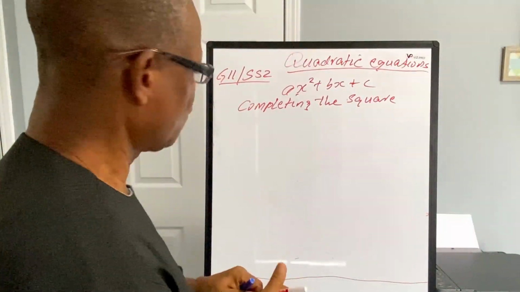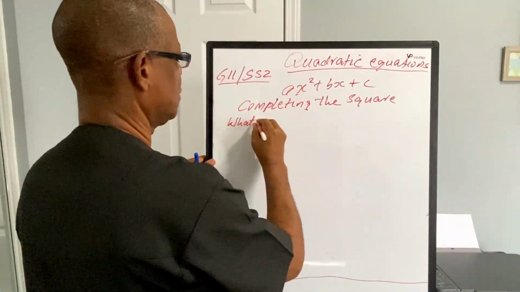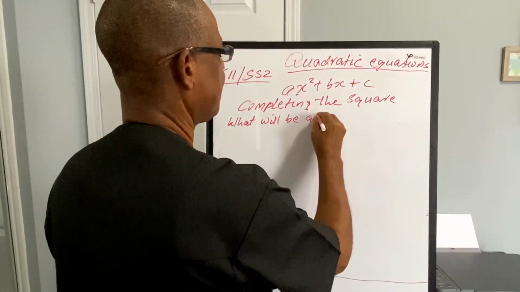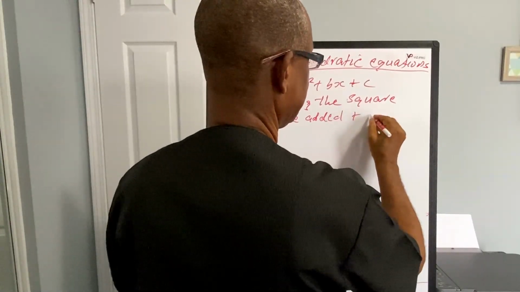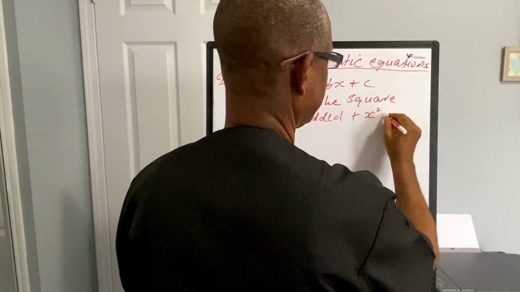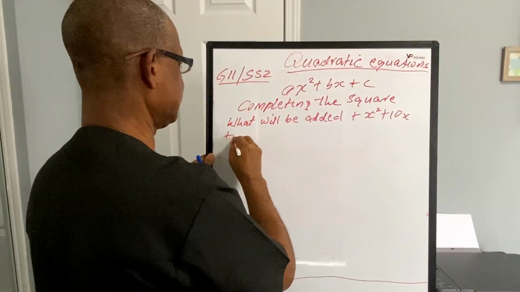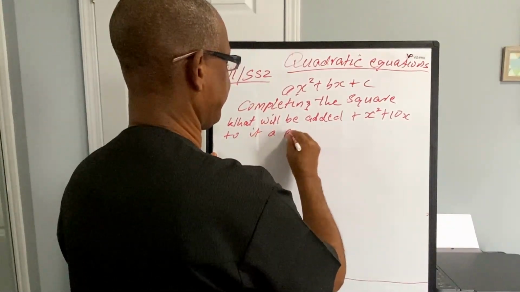If we are asked what will be added to x squared plus 10x to make the expression a perfect square.